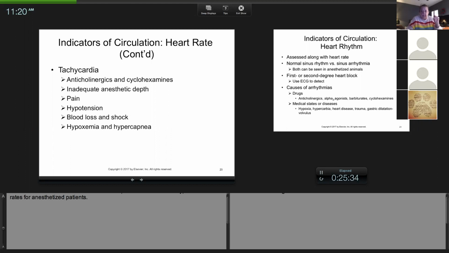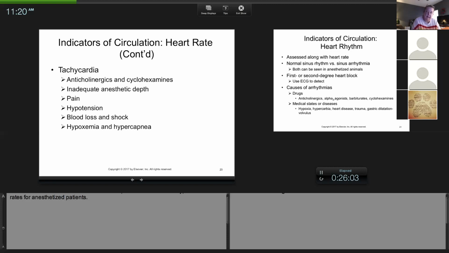If they're inadequately deep or painful, a lot of those animals' respiratory rate will go up too. They start huffing and puffing and the heart rate goes up, and then you're like, okay. But if I've got tachycardia and I have no jaw tone, if I have low blood pressure, if I have a normal or low respiratory rate, it's probably not pain. It could be that they have low blood pressure.